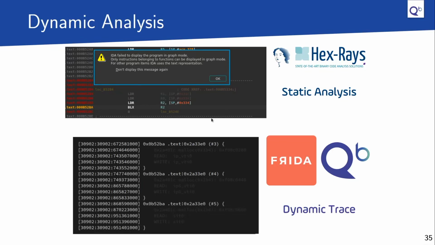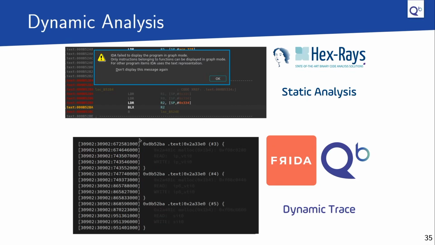So here is an example. In this case of protected code, we have the R2 register that is set by loading a value from the stack, and then we have a BLX R2. If you try statically to reverse and to resolve the effective value of R2, it can be very complicated because it's coming from the stack and you need to track what the value at this offset contains and so on.